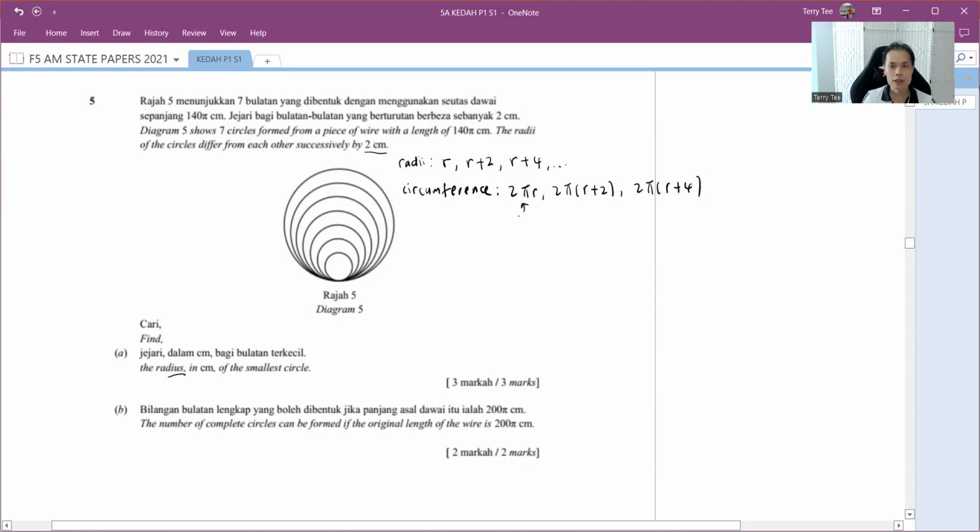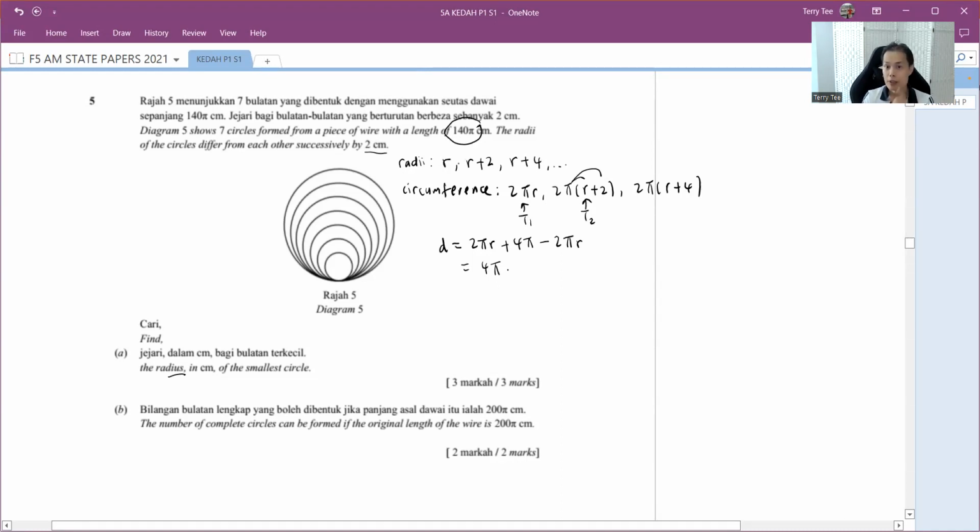If this is your T1, this is your T2, your common difference d is T2 minus T1. Now, for my T2, I'll just expand this straight away. So I got 2 pi r plus 4 pi, minus T1, which is 2 pi r. The difference is now 4 pi. Now, they give us the length of wire, which is 140 pi, so we know that the total length must be the total sum of an arithmetic progression.